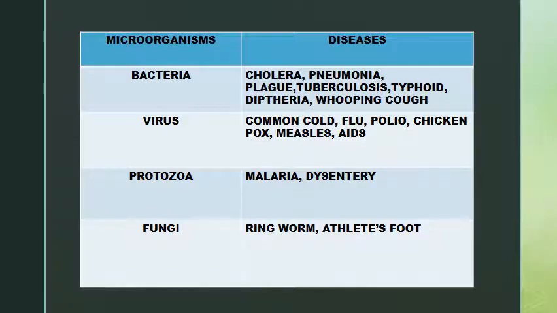Protozoa are tiny single celled germs which are much longer than bacteria. They live in water. Some live inside the human body as parasites. Now, malaria and dysentery are the diseases which are caused by protozoa.